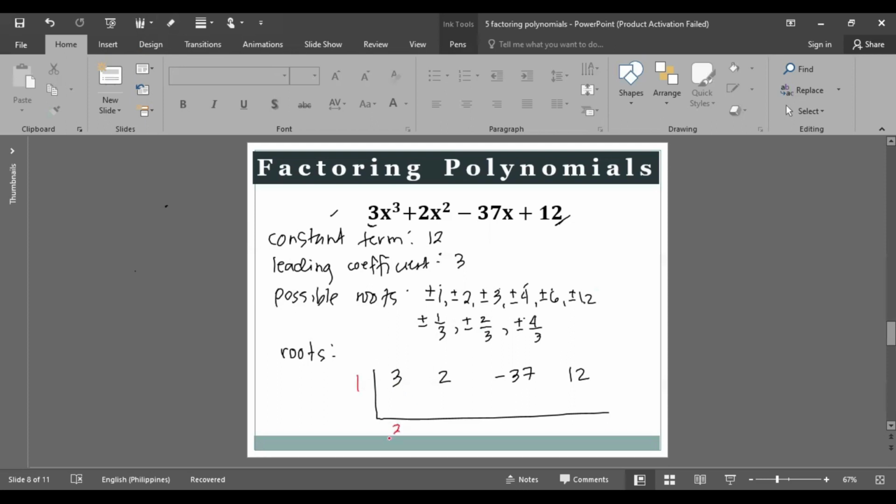So, bring down 3, multiply, add, multiply, add, negative 35, negative 32, then multiply, we get negative 32. We add these two values, we get negative 20. So, since the remainder is not equal to 0, therefore, 1 is not the root of the given polynomial expression.